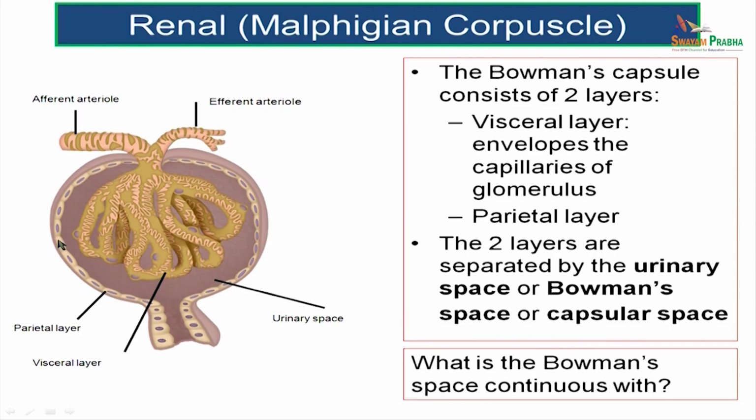There is a space between these two layers that is called as urinary space, what I am pointing out, or it is also called as Bowman's space or capsular space. What is this Bowman's space continuous with? You can see from this diagram that the Bowman's space is continuous with the lumen of proximal convoluted tubule.